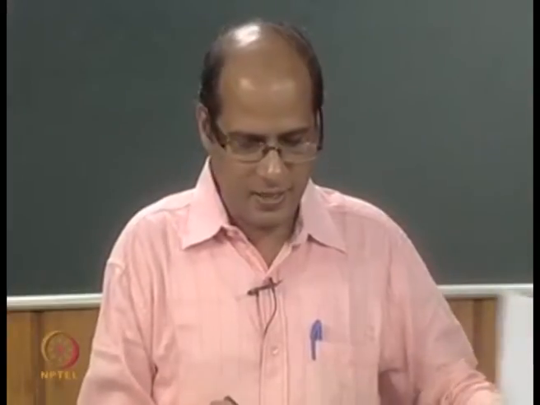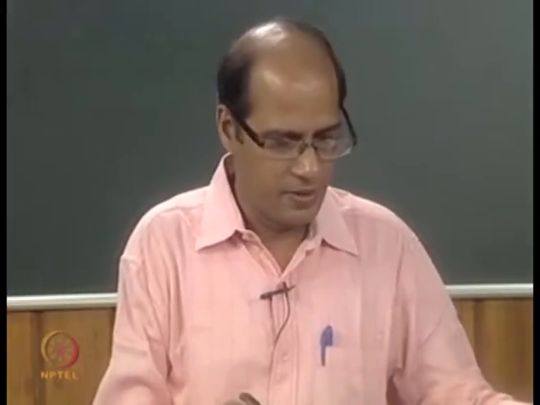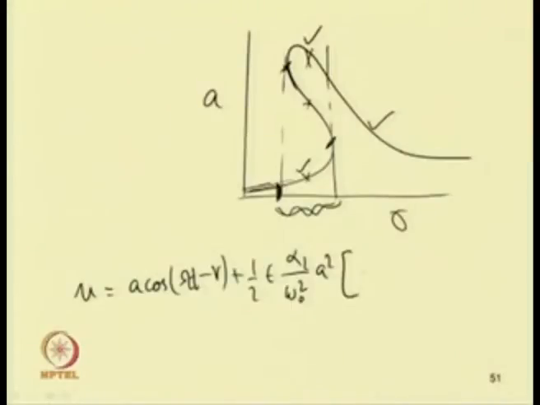So, in this case we can write the response of the system as u equals a cos of omega t minus gamma, plus half epsilon alpha 2 by omega 0 square a square, times minus 1 plus 1/3 cos of 2 omega t plus 2 gamma, plus order of epsilon square.